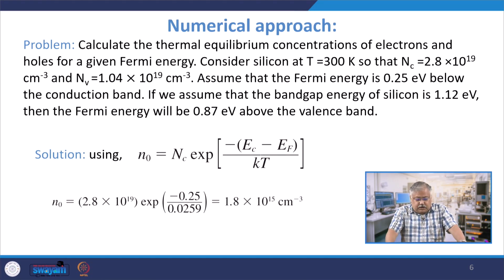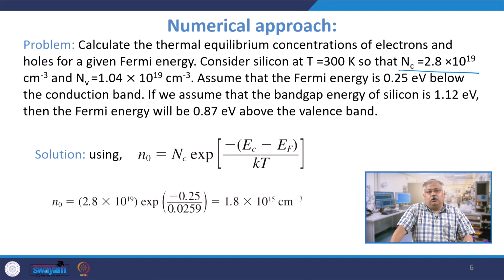This is again a formulation where you calculate the thermal equilibrium concentration of electrons and holes for a given Fermi level. We are given the conduction band number of states, and you are told to find the value of N0. We are assuming that the Fermi level is 0.25 electron volts below the conduction band edge, and I am assuming the band gap to be 1.12 electron volts.